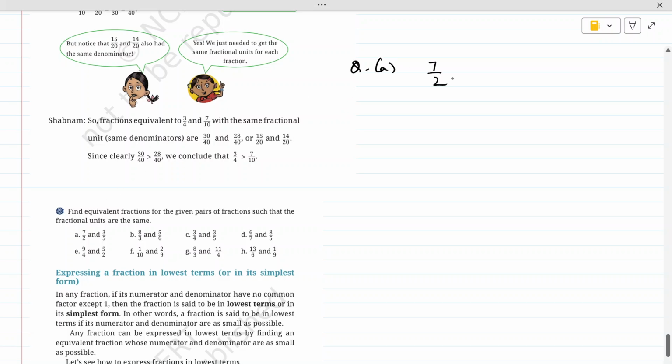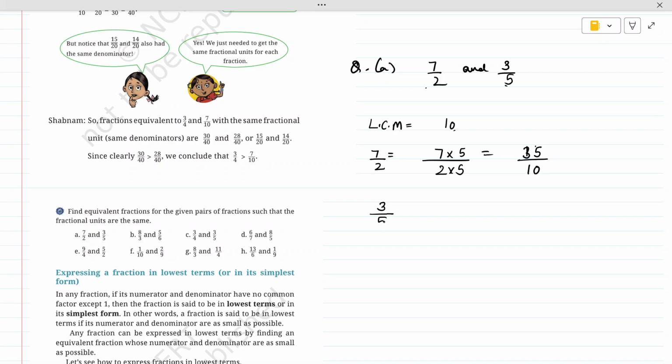Very easy. 7 by 2 and 3 by 5. We have to find their equivalent fractions. Since 2 and 5 do not have the same denominator, let's find the LCM. LCM of 2 and 5 will be 10, right? And now let's find out the fractions. 7 by 2 can be written as, to make it 10, we have to multiply the denominator with 5 and the numerator with 5 also. 7 into 5 is 35, 5 into 2 is 10 here.